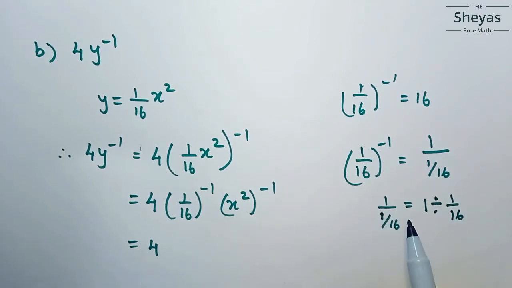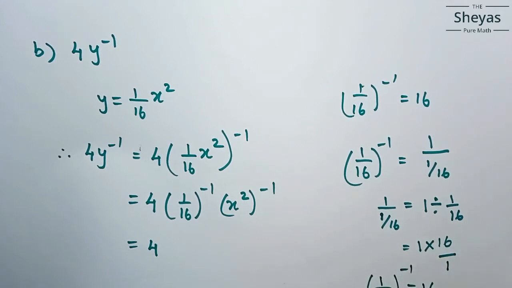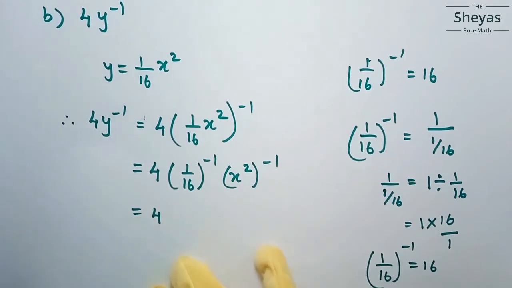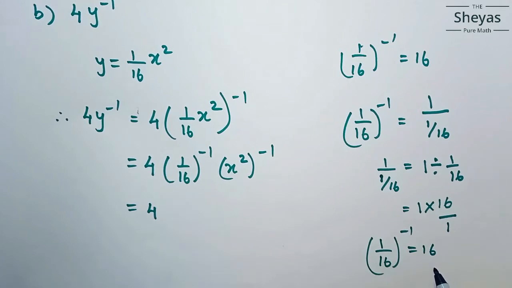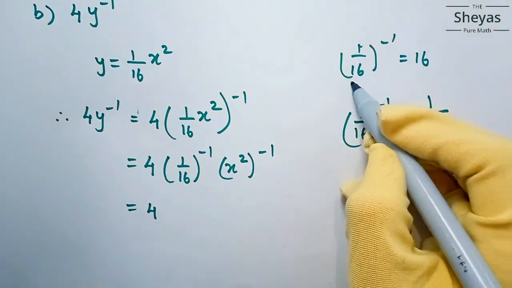If I apply the reciprocal rule, this division changes to multiplication, and 16 which is in the denominator will go to the numerator. So 16 by 1, that is nothing but 16. So 1 by 16 the whole power minus 1 is equal to 16. You can apply this reciprocal rule, or else you can use the calculator.